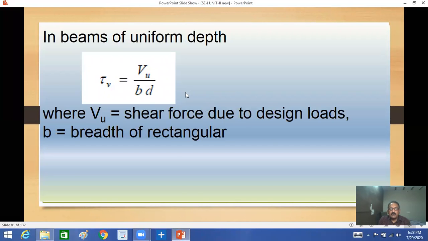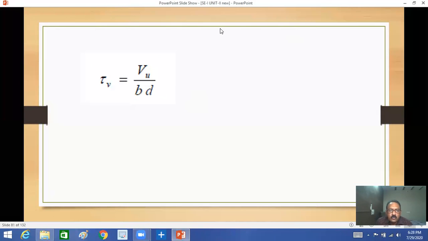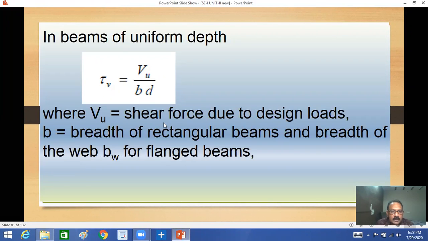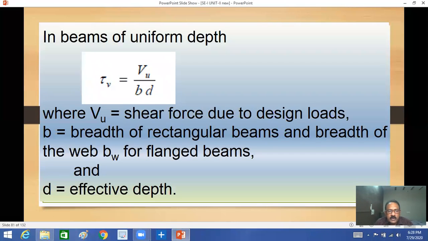In beams of uniform depth, tau v, the shear stress, is equal to Vu by bd. What is Vu? The shear force due to actual design loads, that is factored loads.